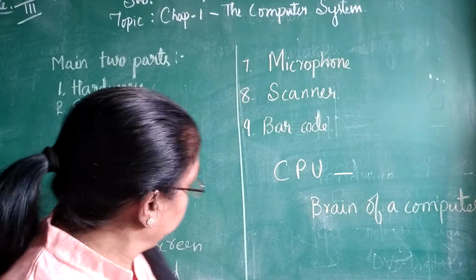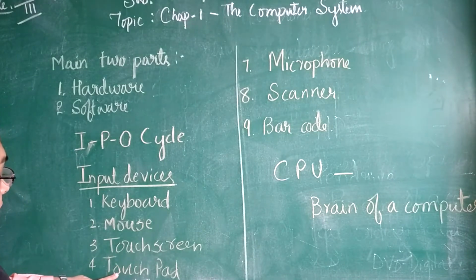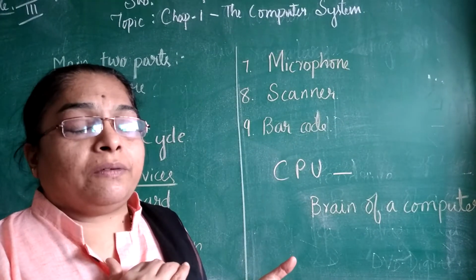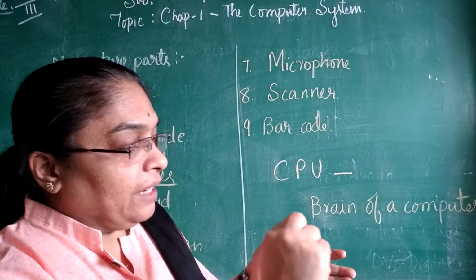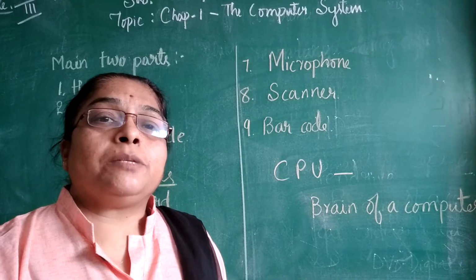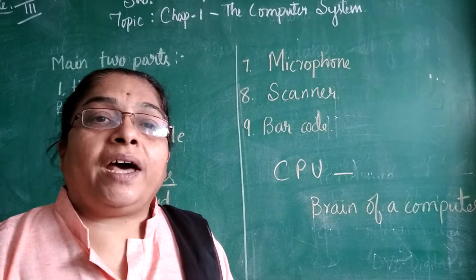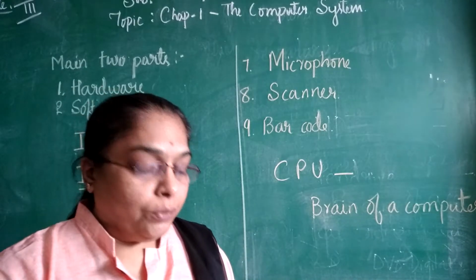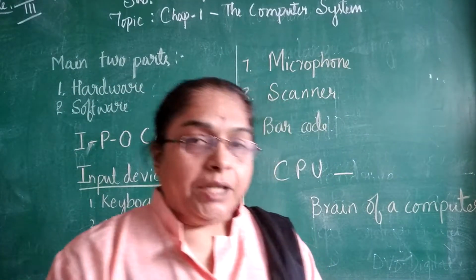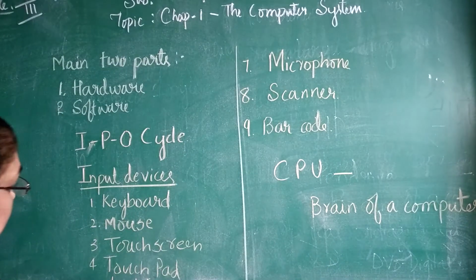Next is the touchpad. For example, if you see the laptop, on that there will be one small rectangle-shaped touchpad. That is called a touchpad, where a mouse is not required. With the touch you can do things. Next is the light pen.